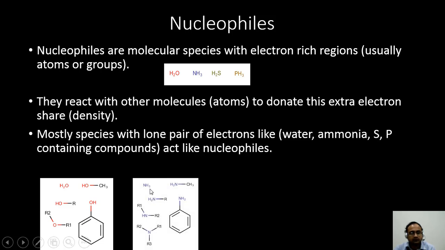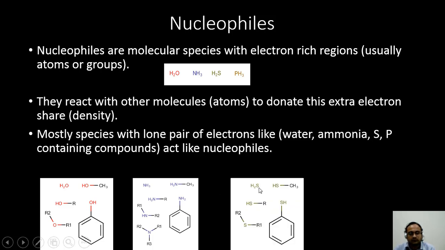And similarly, nitrogen containing compounds like ammonia, methylamine, any of the primary amines or even secondary and tertiary amines all contain one lone pair on the nitrogen atom and therefore they behave like nucleophiles. Similarly, compounds containing sulfur like methane thiol, alkyl thiols, thioethers, or thiophenol all contain a lone pair on the sulfur atom and they will also behave like nucleophiles.